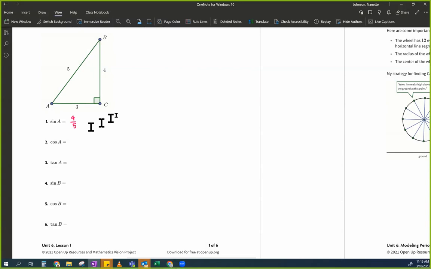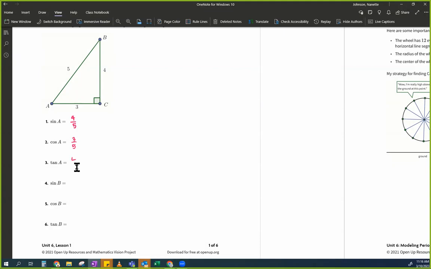If you don't remember SOHCAHTOA, go watch some videos on that. I promise you, it'll pay off in this section. Okay, cosine, move on. Cosine, what's cosine? Very good, 3/5. Fantastic. Tangent of A, 4/3. I agree.